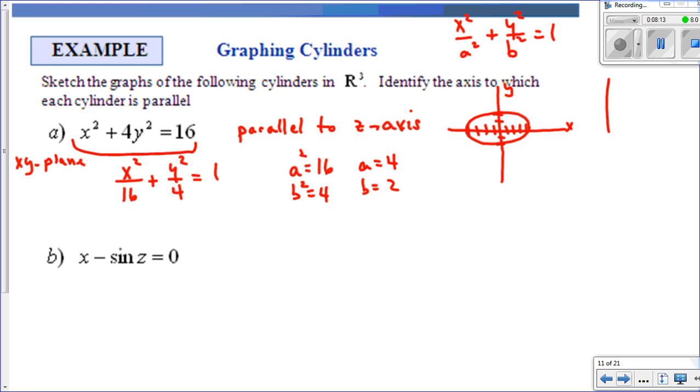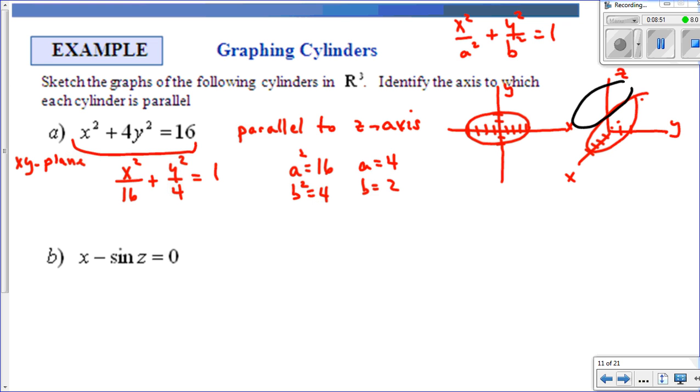So now if we were looking at the trace, there's our x, y, and z axes. In the xy plane, it's coming out 4 down the x-axis and 2 up the y-axis. So we have a graph like that, but now that's the curve that defines the cylinder. Now take all possible lines parallel to z passing through those. Another way to do that is to look at another trace.